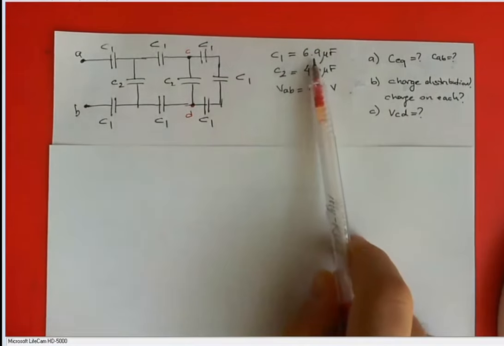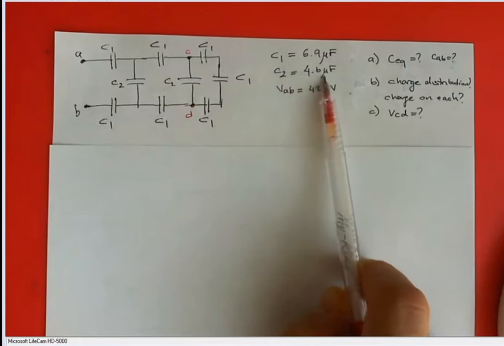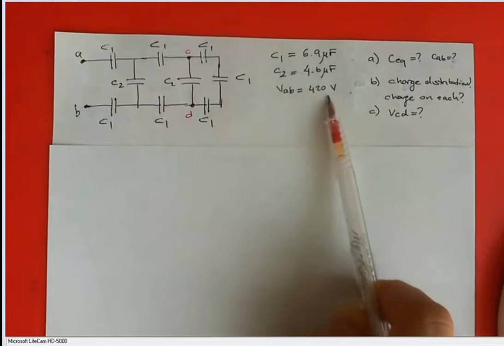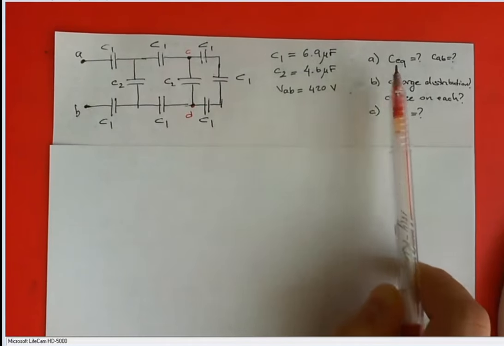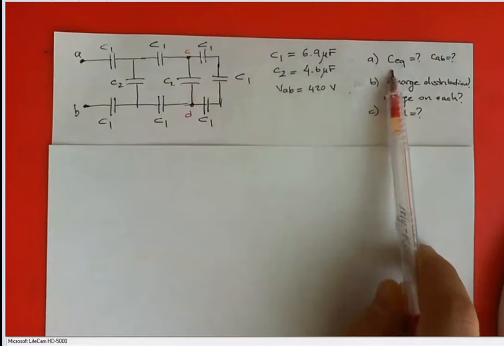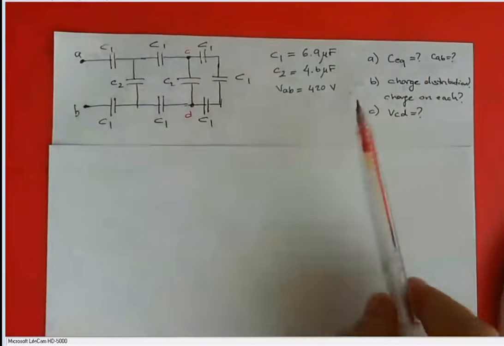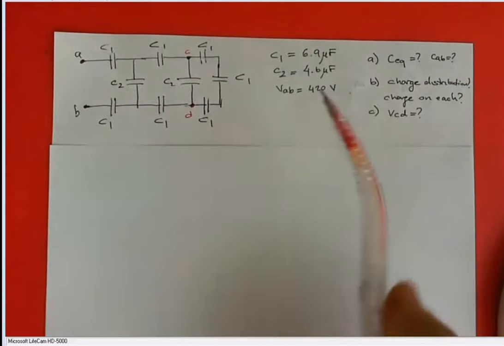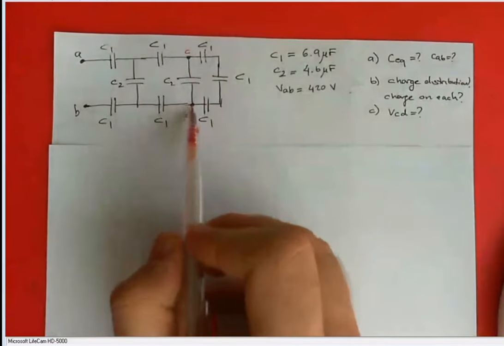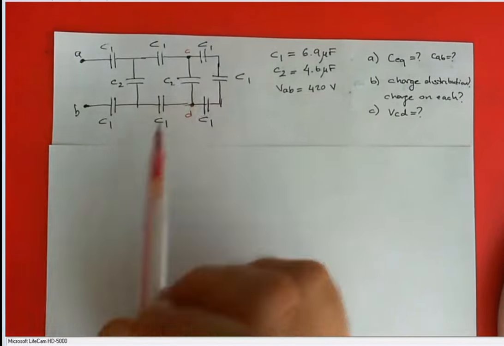C1 is given to be 6.9 microfarad, C2 is 4.6 microfarad, and VAB is given as 420 volts. The questions are: what is the equivalent capacitance between A and B, what is the charge distribution on each, and what would be VCD, the potential between these two points?